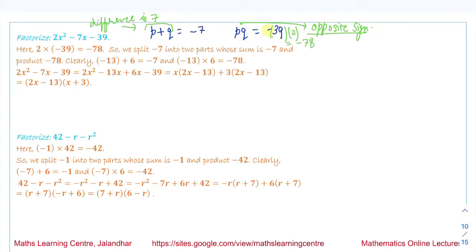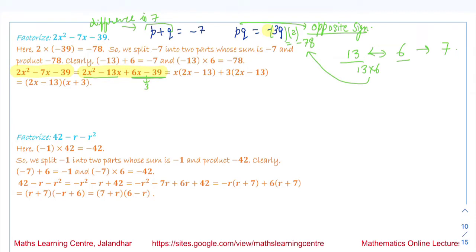So you try to factorize 78, try to find the factors of 78, and when you check the difference between 13 and 6, it is 7, and 13 into 6 is equal to 78. So our question reduces to the form 2x square minus 13x plus 6x minus 39. So you will take x common from the first two terms, and from the second two terms you will take 3 common, and you will get the answer.